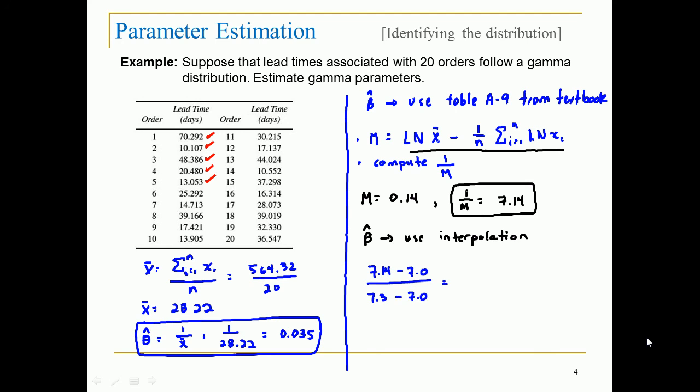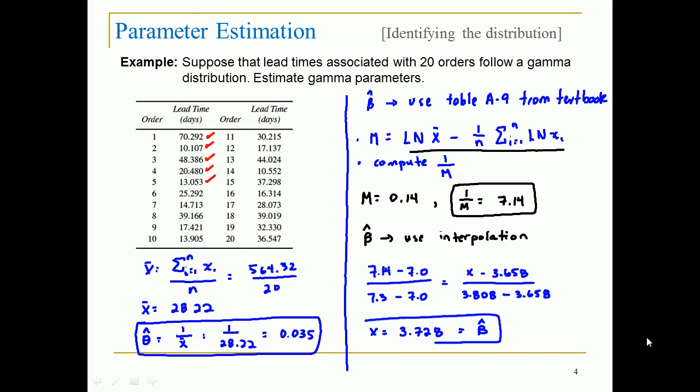This has to be equal to x, and x is the value that we need to find, beta. x minus 3.658 divided by 3.808 minus 3.658. And if you solve for x, then you get that x equals 3.728, and that's the value we're looking for, which is our beta hat.